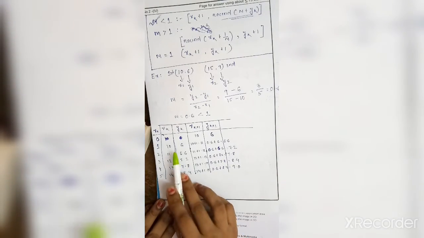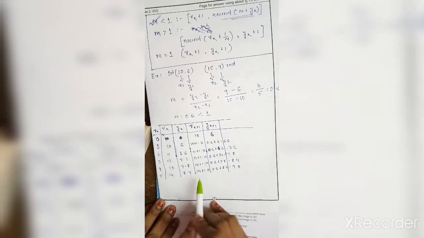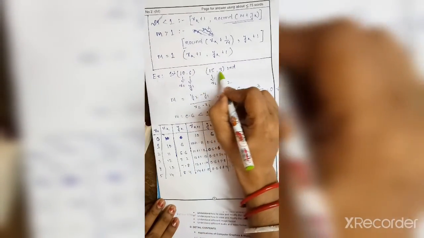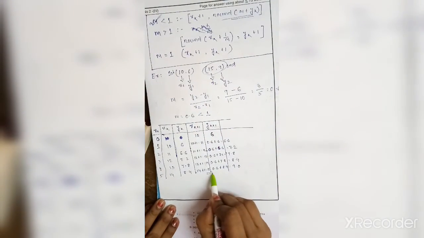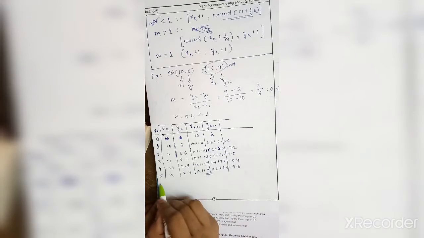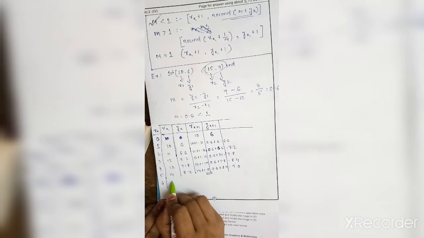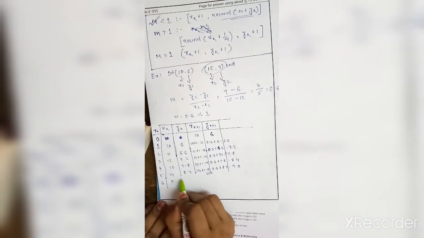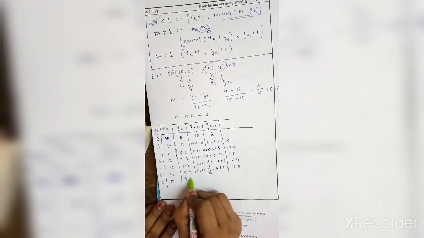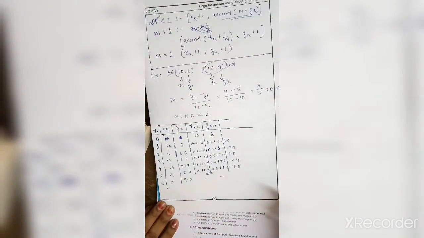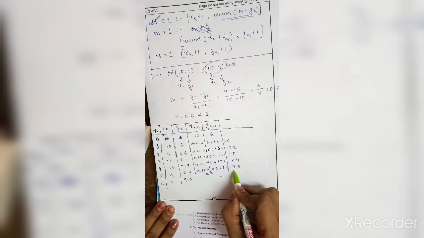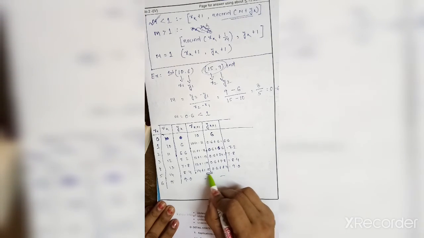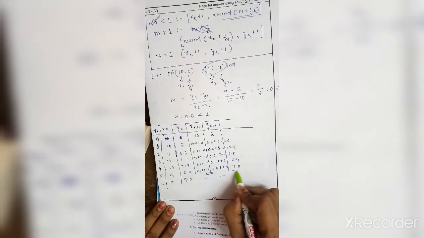So we have to calculate this up to when we reach 15. After the next iteration, xk value is 15 and yk value is 9.0. No need to find xk plus 1 and yk plus 1. Why? Because we have reached the last endpoint, which is 15 and 9.